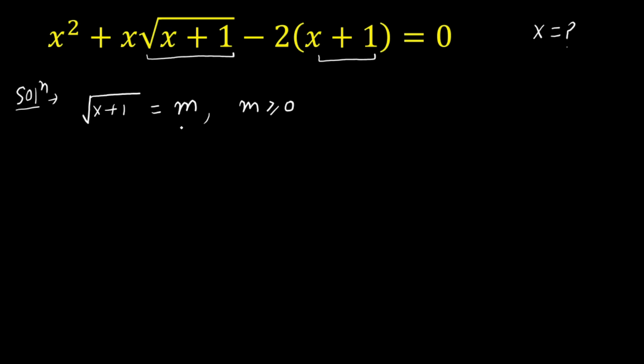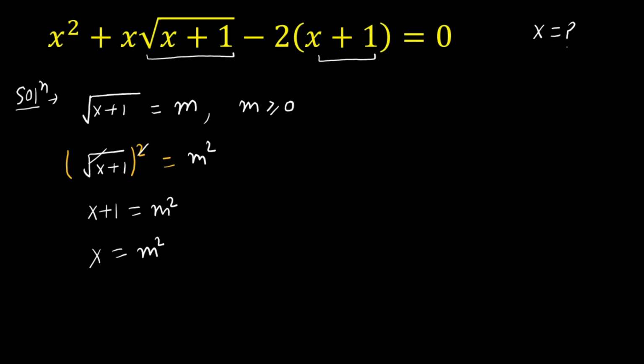Now if we square both sides, then in the left hand side we have square root of x plus 1 whole square, which equals m square on the right hand side. The square and square root cancel out, then x plus 1 equals m square, and the value of x is m square minus 1.